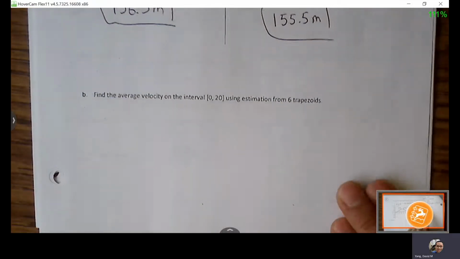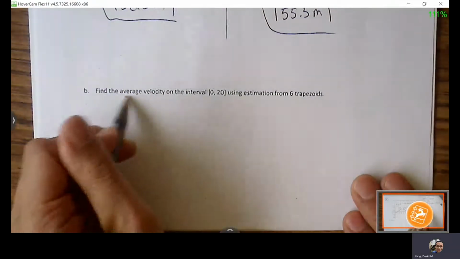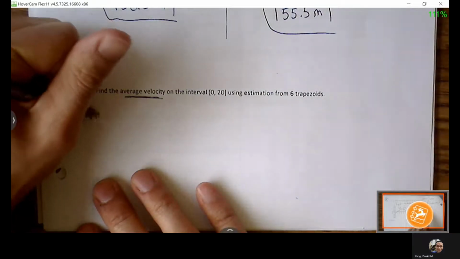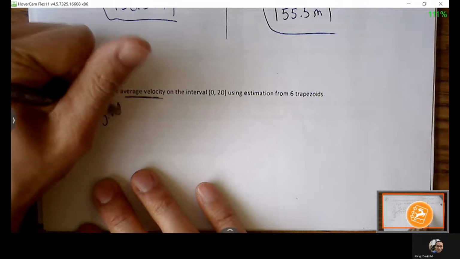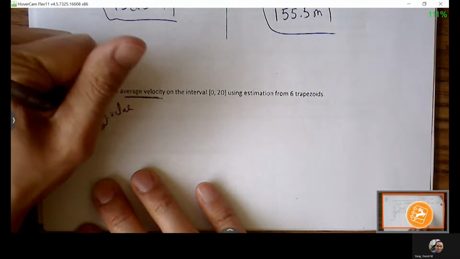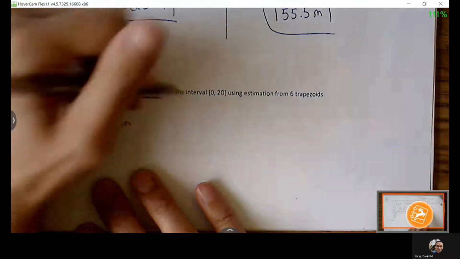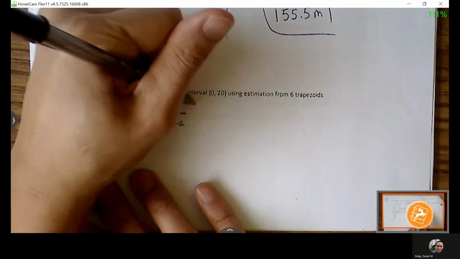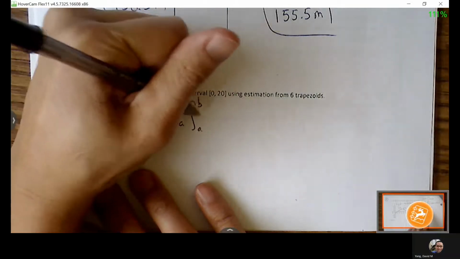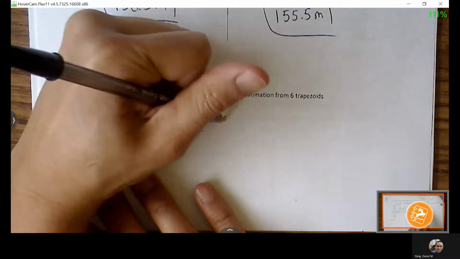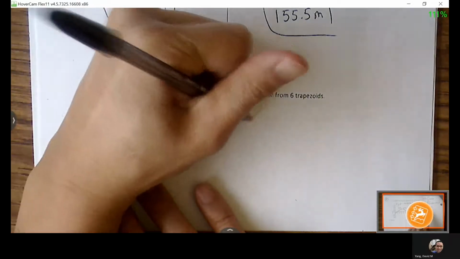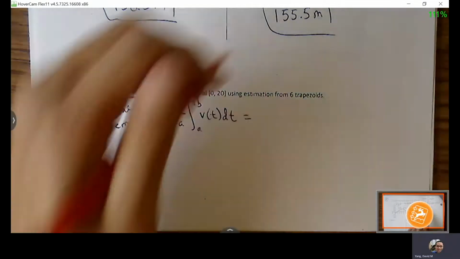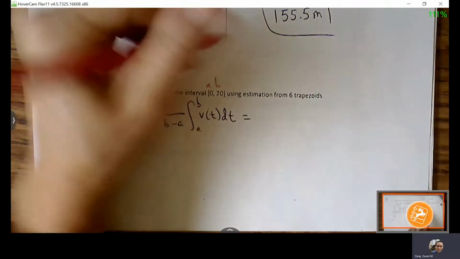Okay, part B, find the average velocity. So average velocity, this is the average value theorem. A and B value.